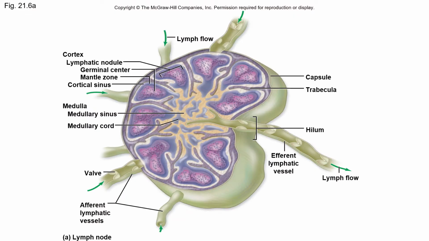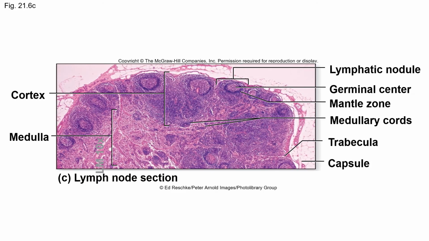Okay, here's a more artistic depiction of a lymph node that shows essentially all the same properties. And this is what an actual lymph node looks like in the microscope. You can see several lymphoid nodules with germinal centers in the area here, which is quite clearly the cortex.